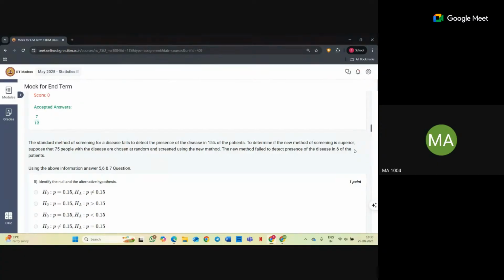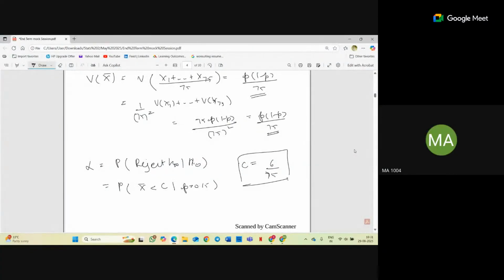P value is basically from the samples we have to calculate the value of alpha, right? So what is C here? C is the proportion of the new method failing to detect the presence of the disease. Correct. So this is my C here.